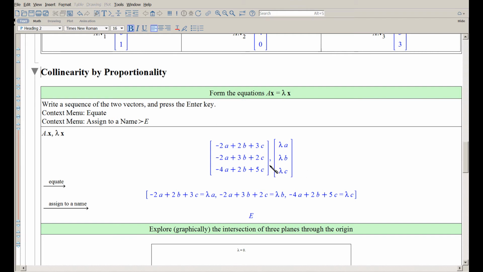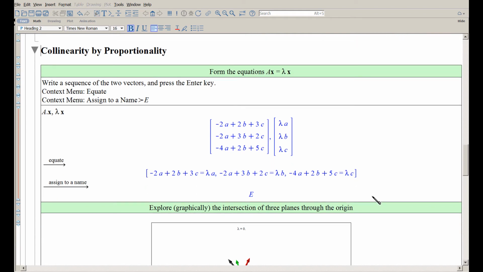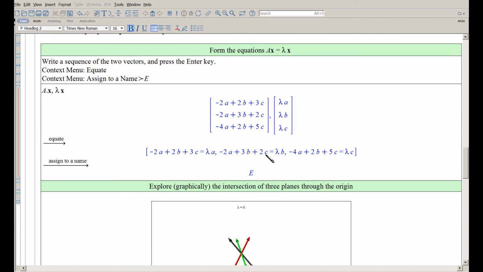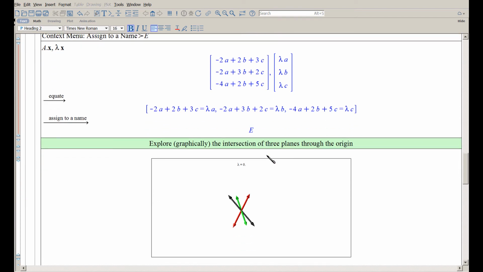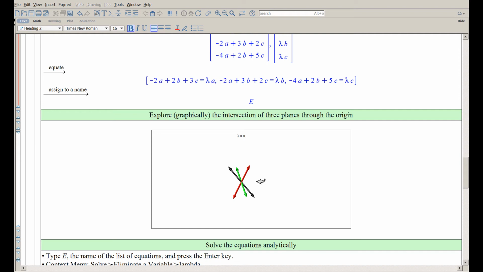So you equate like components with the equate option, and you now have 3 equations in 4 unknowns. A, B, C are the variables. Lambda is the parameter. So again, I call this E. And I'd like to do a graphical exploration here.